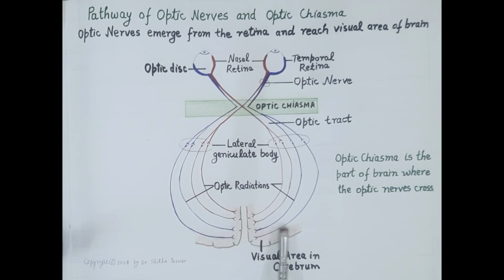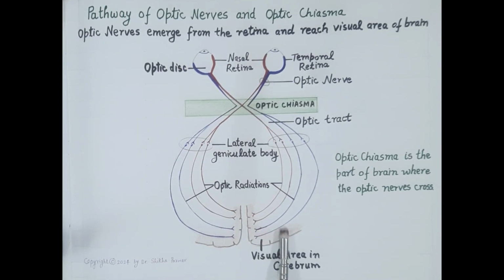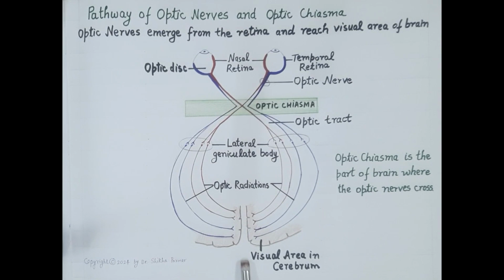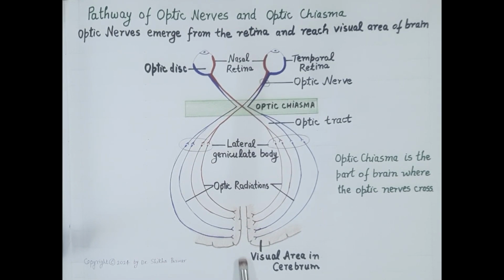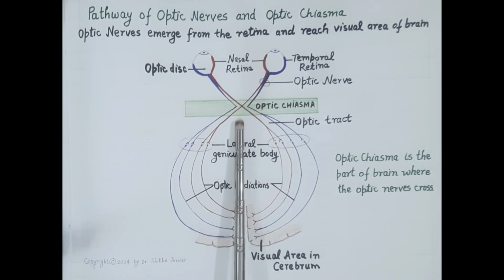Images from both the eyes, or information from both the eyes, is integrated in the cerebrum, so that only one three-dimensional image is perceived and we are able to see. This pathway of optic nerves from eye to the brain is known as the optic pathway, and optic chiasma is the crossing over of the nerve fibers from both the eyes.